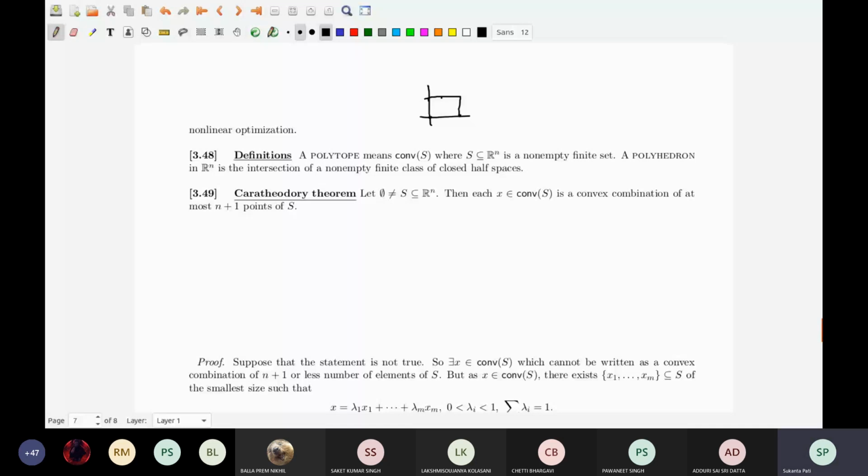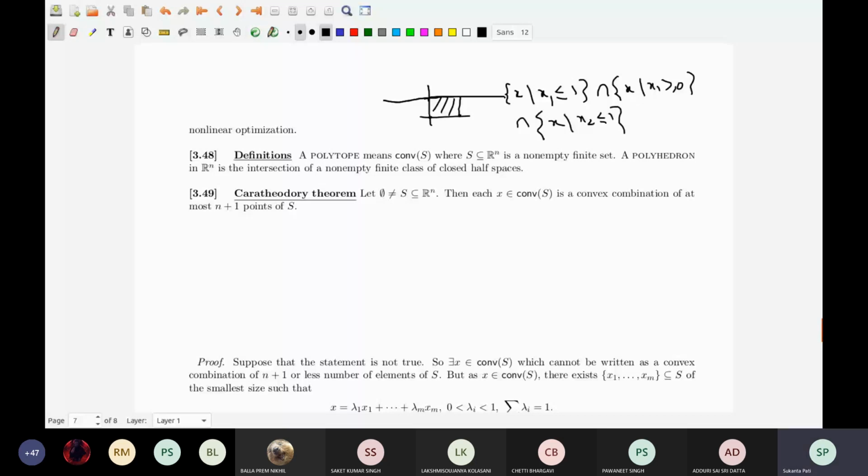For example, it is the intersection of the set of all x half space x less than or equal to 1. Sorry, I should say x1 less than or equal to 1, the first coordinate, and intersection the set of all x such that x1 greater than or equal to 0, intersection the set of all x such that x2 less than or equal to 1, that is this side, x2 less than or equal to 1 is this bottom side, everything.